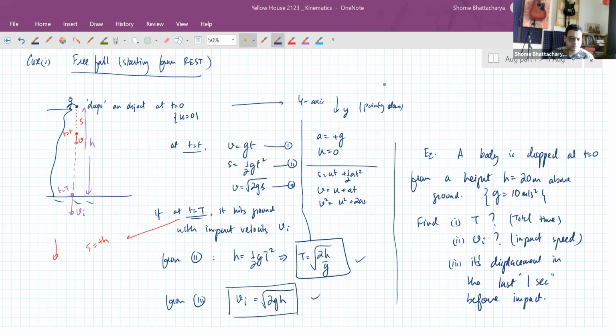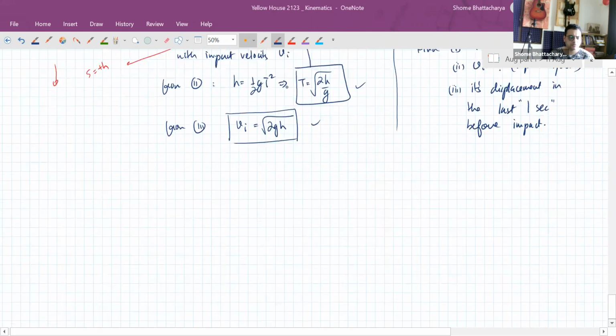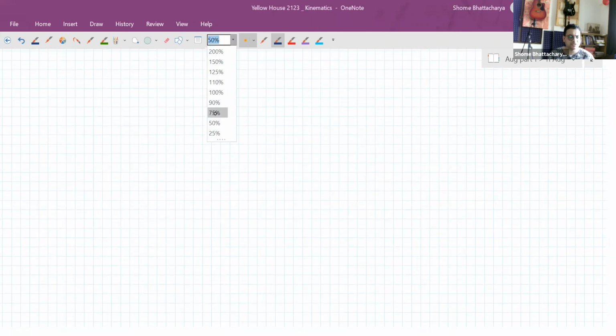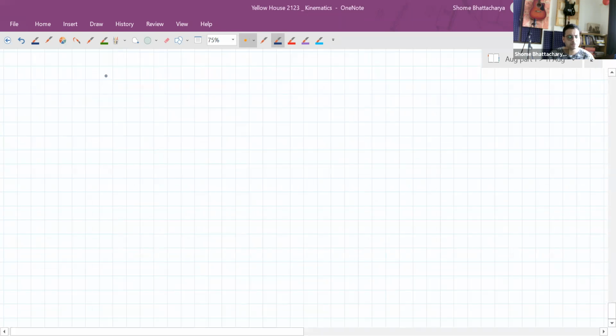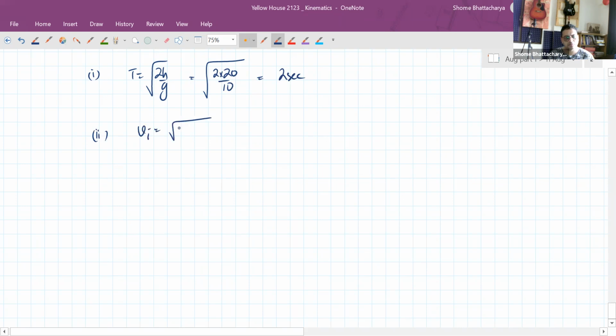Okay, so let's work this out. The first and second part you can do directly by formula. The impact speed is 20 meters per second.